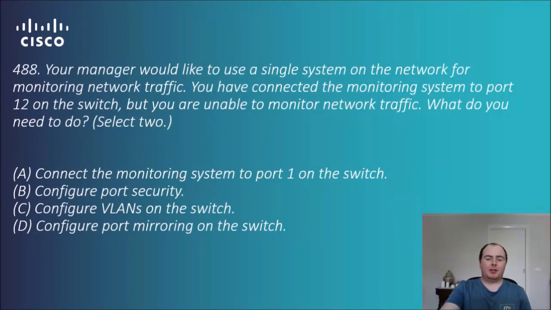488, your manager would like to use a single system on the network for monitoring network traffic. You have connected the monitoring system to port 12 on the switch but you are unable to monitor network traffic. What do you need to do? Select 2. So connect the monitoring system to port 1 on the switch, configure port security and configure VLANs on the switch, or configure port mirroring on the switch. So I'll give you the answers for these ones and then just run through it.